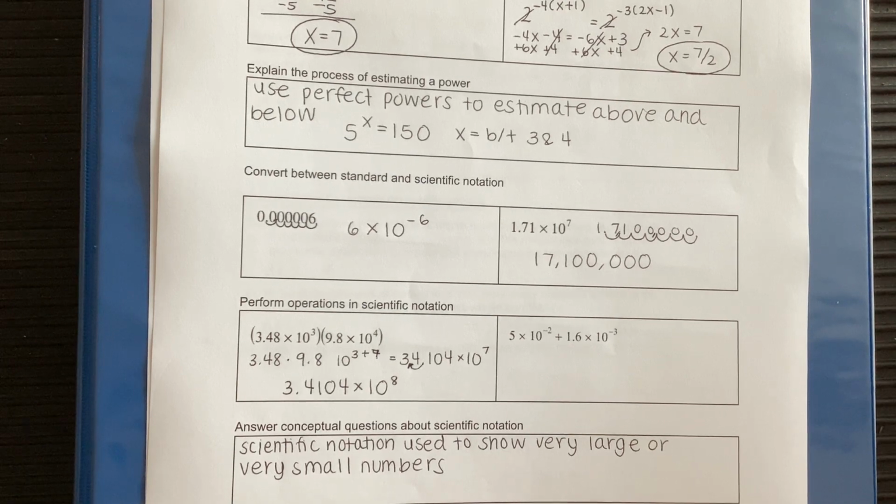So the next one, if you want to do it with, sorry, I'm trying to think now. Then you need to make sure when you're adding and subtracting, they have to have the same exponent.